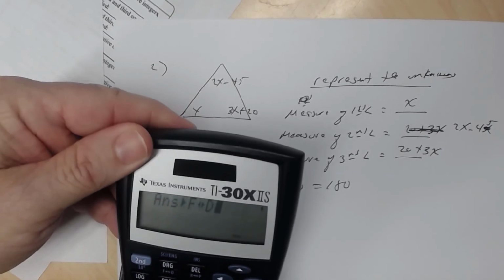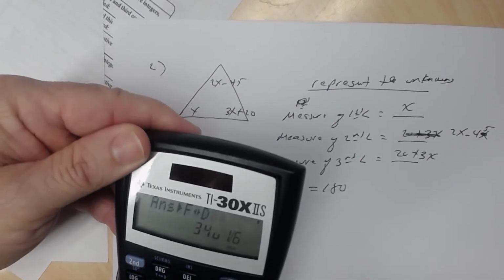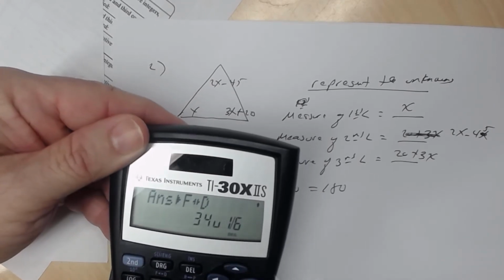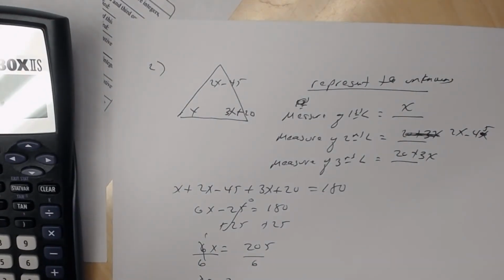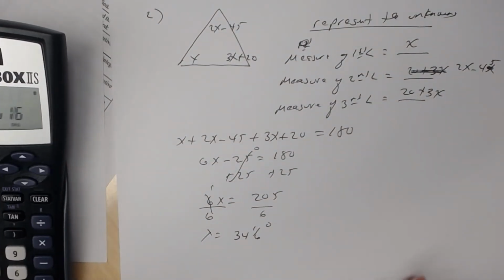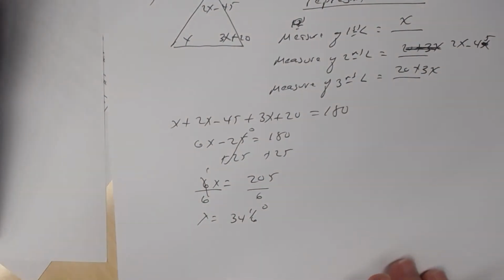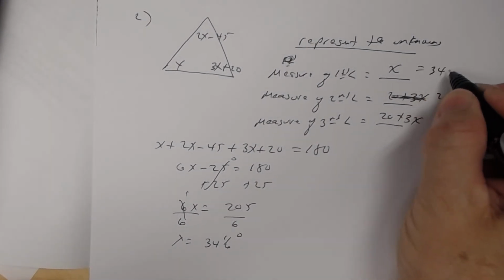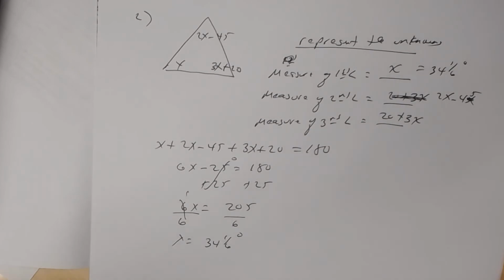So you get 34 and 1/6. So 34 and 1/6 degrees. So that's the measure of x. All right, so this right here is 34 and 1/6 degrees.